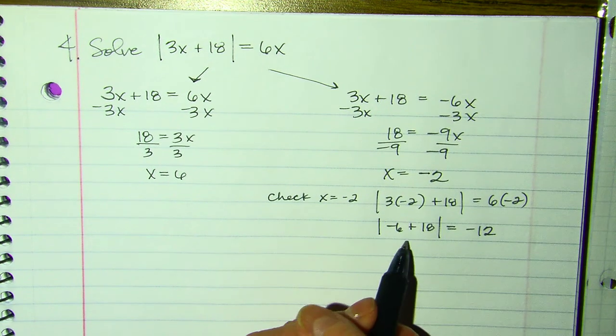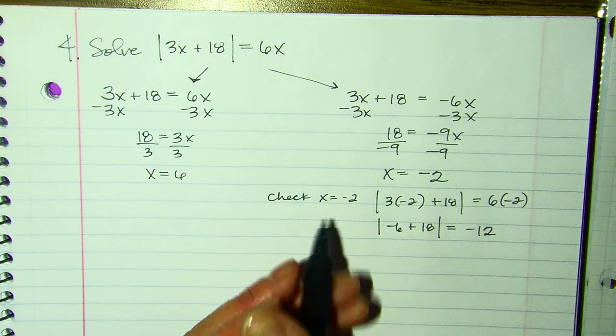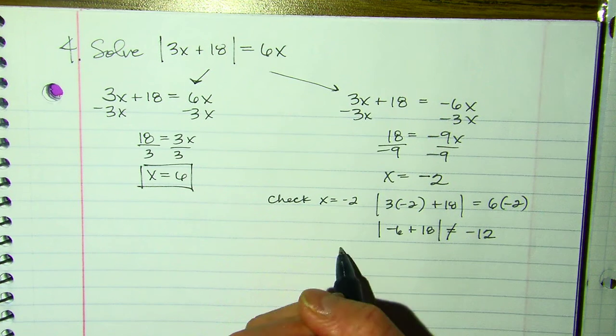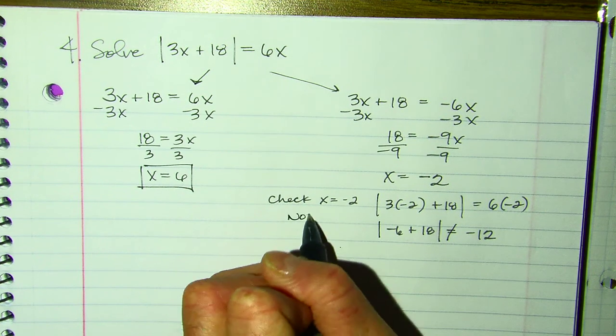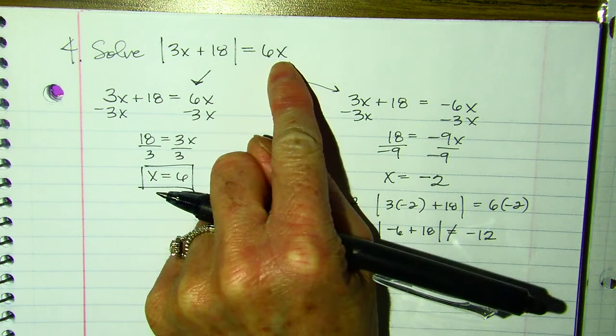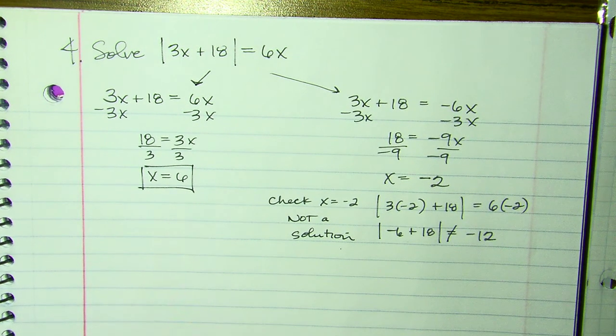Remember, if I have an absolute value, that's distance from 0, and the distance from 0 cannot equal a negative number. So negative 2 does not work. So only x equals 6. So this is not a solution because it produces a negative value on the right-hand side. So x equals 6 is the only solution.